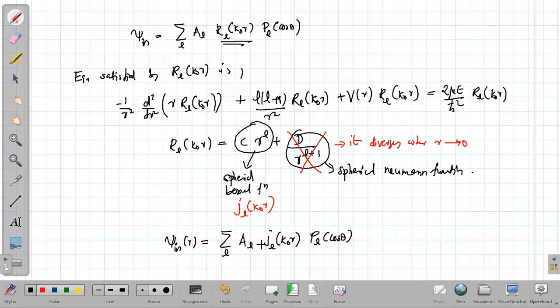So our next task is to find the AL, this expansion coefficient. This expansion coefficient we can find by using the orthogonality condition of Legendre polynomials.